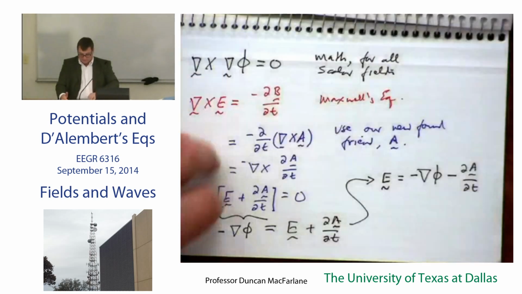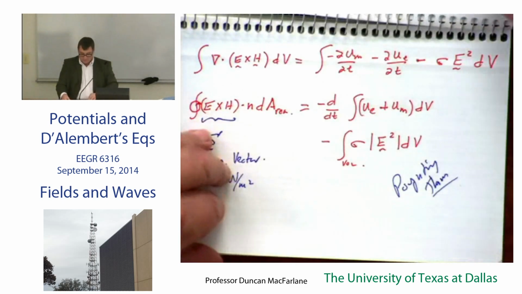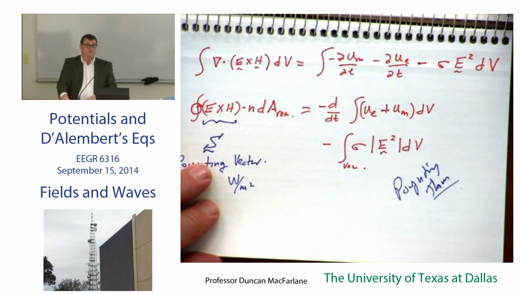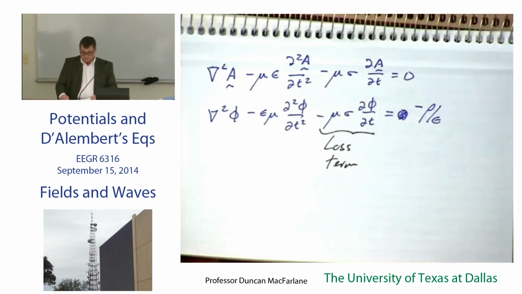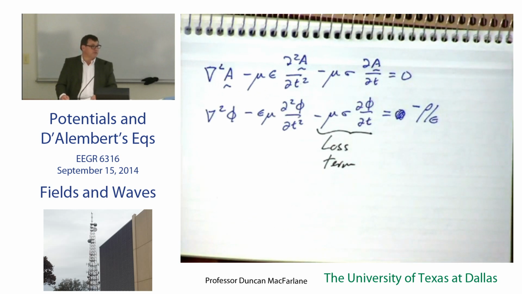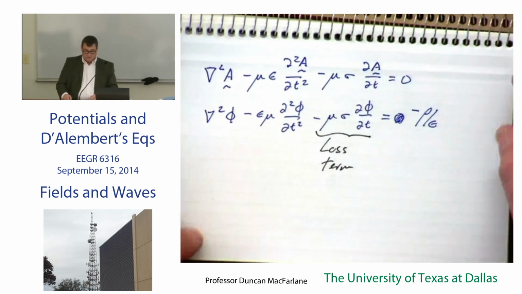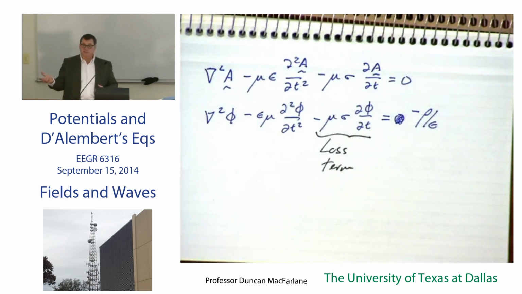Just as we learned in Poynting's theorem from last time. Okay? So all very, very consistent. We have the capacitance, which is the potential energy.